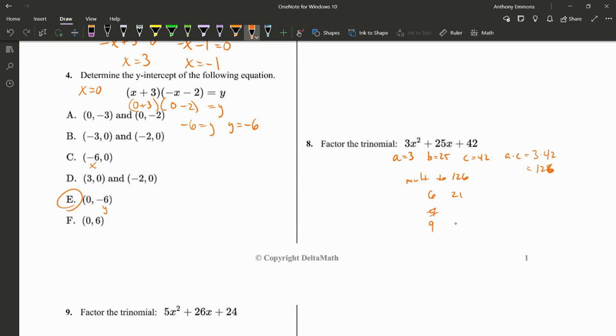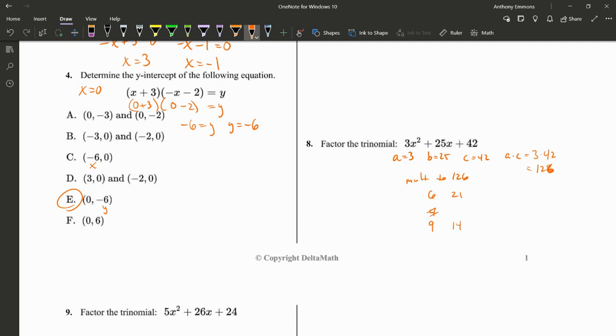No. 9 and 14? Oh, you know what? No, that's not right. 3 times 42 is 126. So it's not 6 and 21, and it's not 9 and 14 because that's 23.